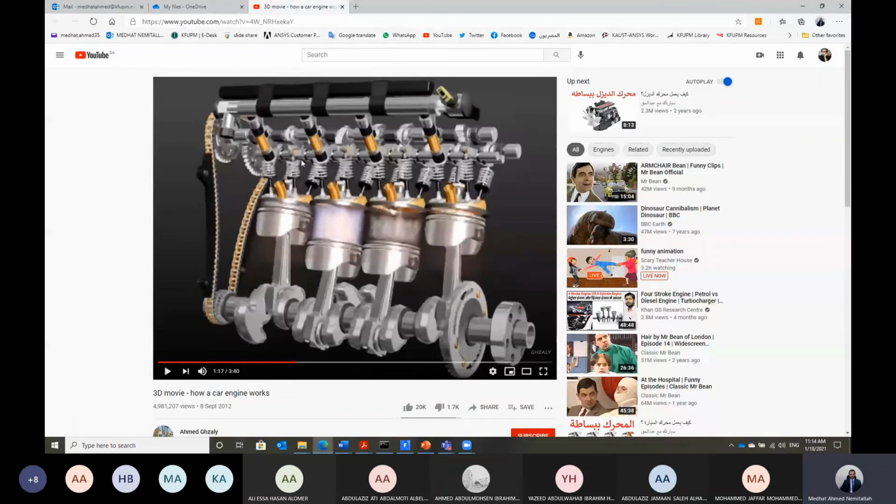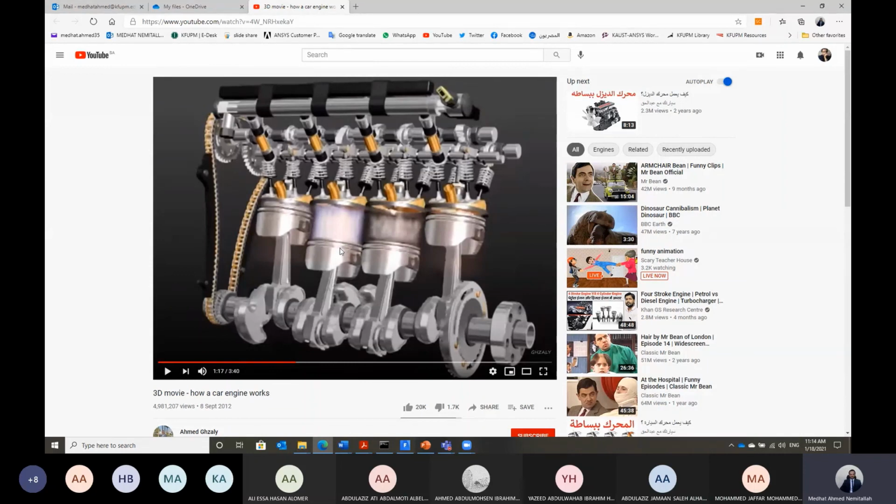In a 4-stroke engine, we need the intake valve, which is operated through this camshaft, to open one time for the 4 strokes. 4 strokes means what, guys? When the piston is moving down, the crankshaft rotates half a rotation, and when it is moving up, it completes 1 revolution. So each 2 strokes, the crankshaft runs 1 revolution.